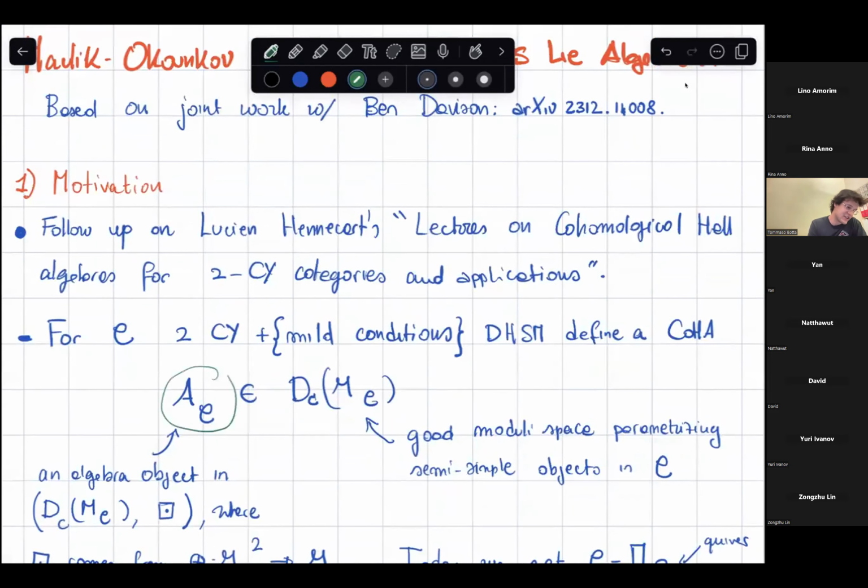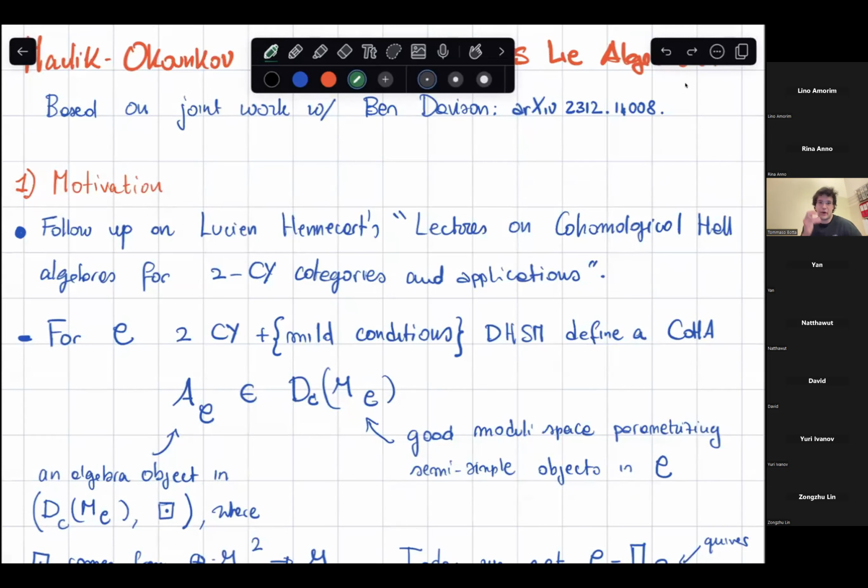more precisely, a sheaf-theoretic version of a coha, which lives in the derived category of constructible sheaves on M_C, which for me is the good moduli space. It parameterizes semi-simple objects in my chosen two Calabi-Yau category C. As I said, this is a cohomological algebra, so in particular it is an algebra object in this derived category.